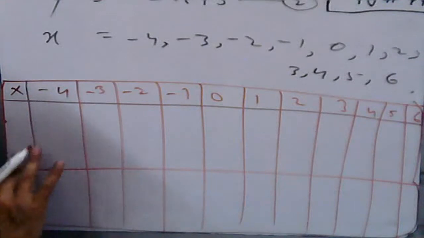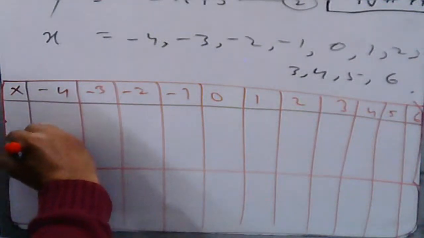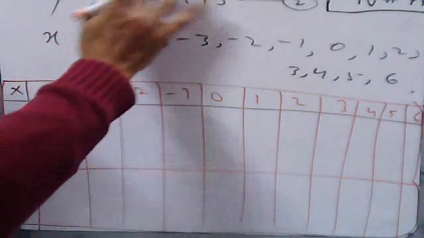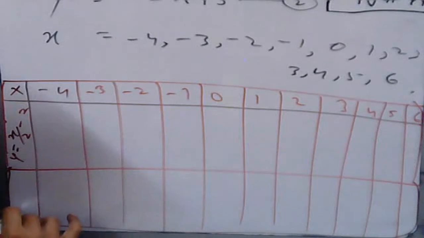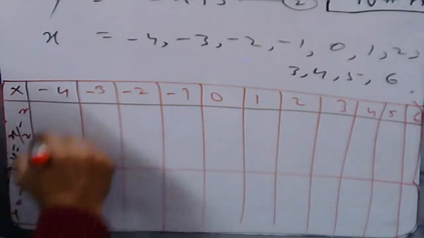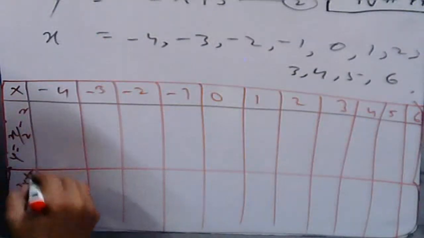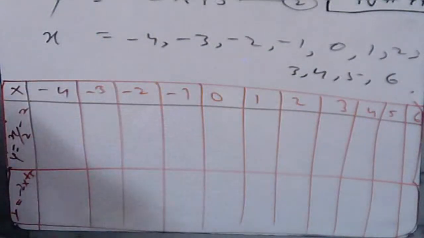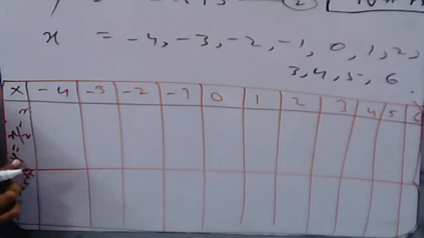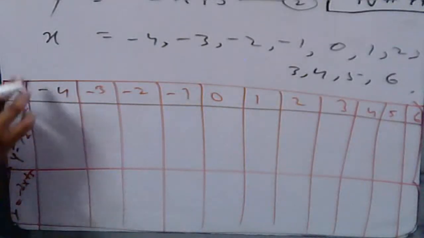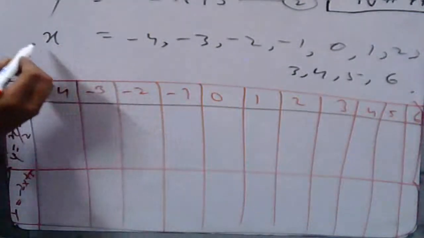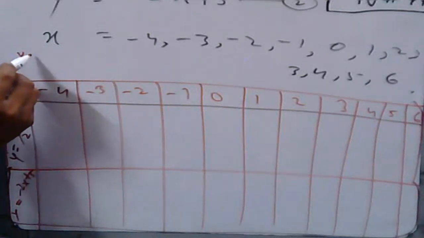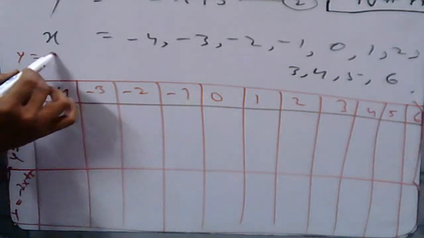So you have the first equation, where the value of y is equal to x by 2 minus 2, and another y value is y is equal to minus 2x plus 5. If you put the value of x in this equation, you will get the value of y. For example, to clear you, y is equal to x by 2 minus 2.